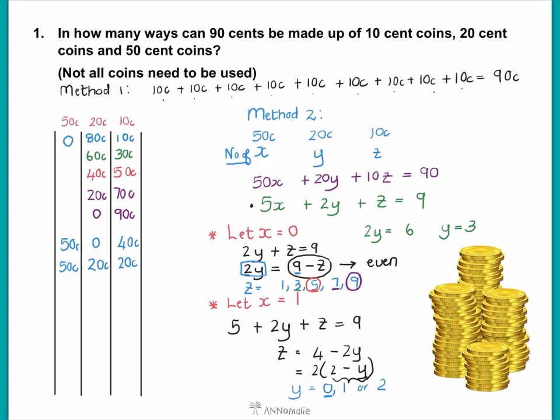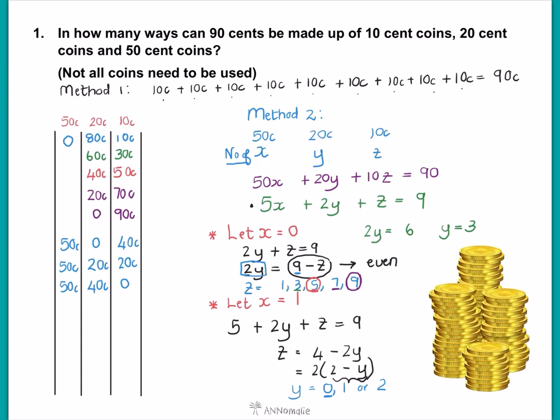Last option is that I have y equal to 2. That means z is equal to nothing. So that means no 10-cent coin, 2 20-cent coins is 40 cents, and then the 50 cents.